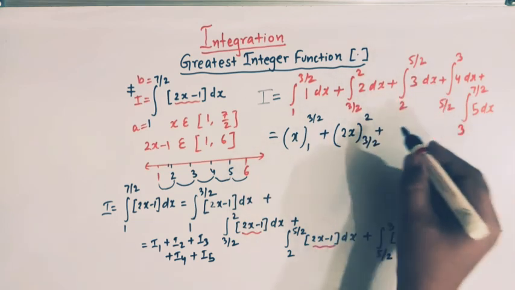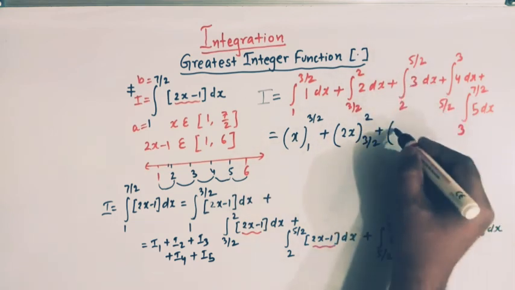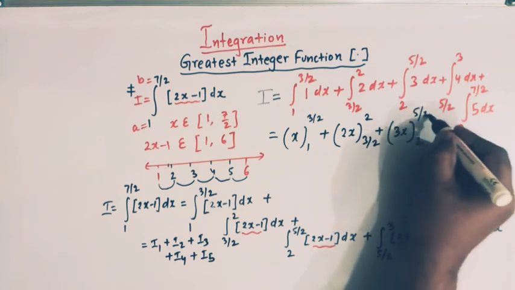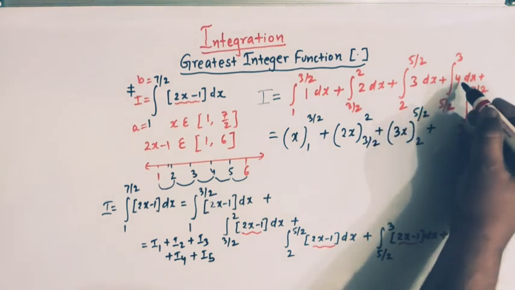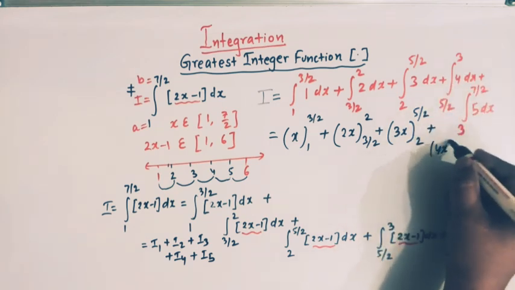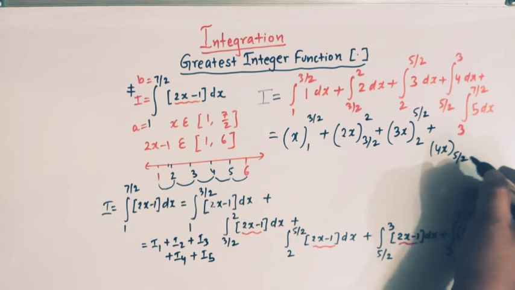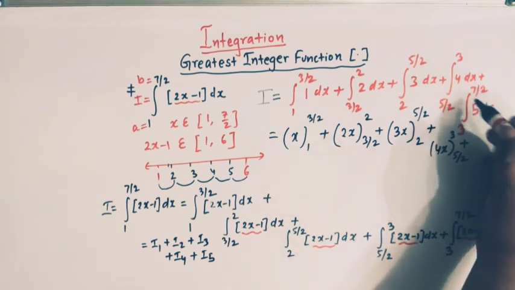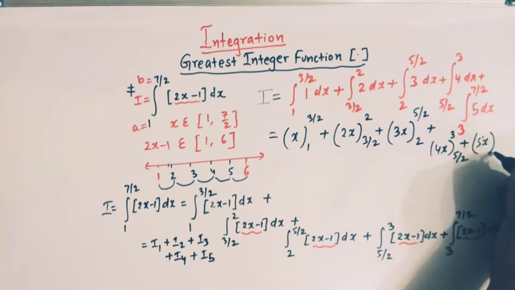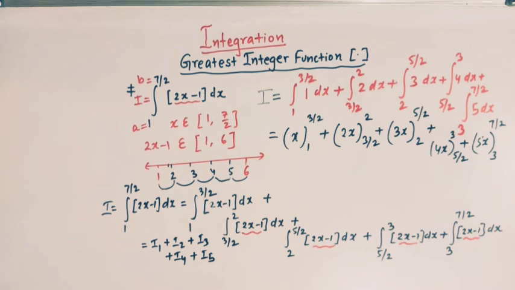Here the integral would be 3x, and the limits are from 2 to 5 by 2, and here we have the integral of 4 dx, so this is 4x, and the limits are from 5 by 2 to 3, plus here we have the integral of 5 dx, so the value of this integral is 5x, and the limits are from 3 to 7 by 2, right?